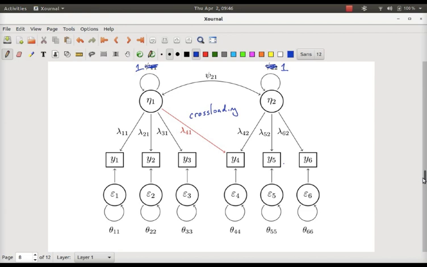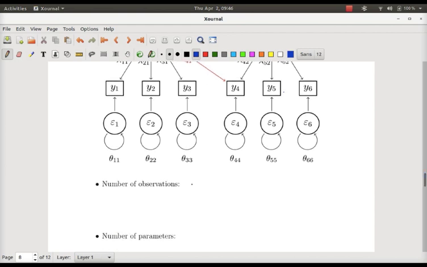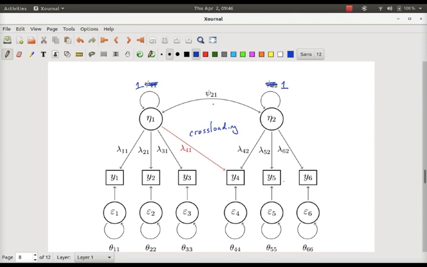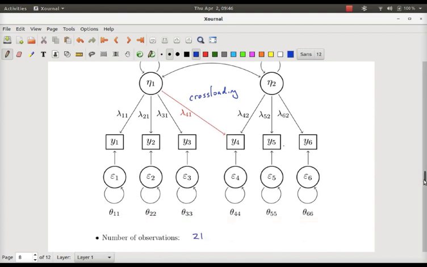What does that do to our estimation? Well, again, the number of observations is the same here because we've got these 6 observed nodes, so that's the 21 variances and covariances. So that's just the same as last time. But what about parameters? Well, we've got a factor covariance here. We've got 1, 2, 3, 4, 5, 6, 7 factor loadings and 6 residual variances.